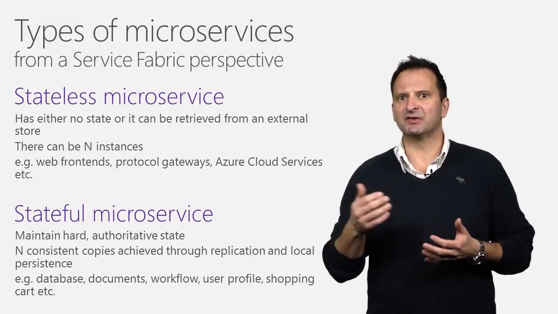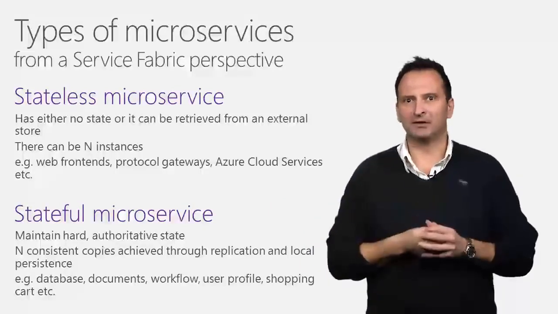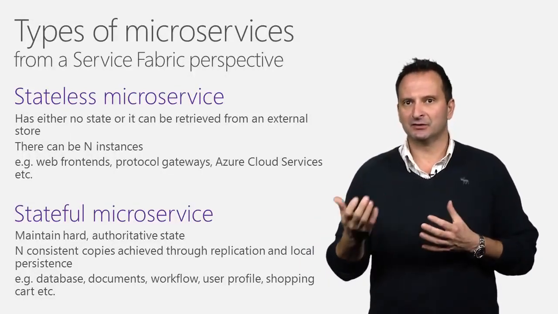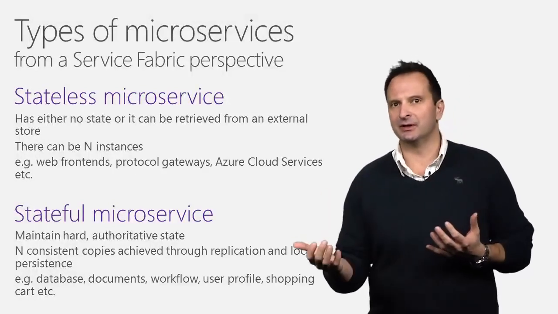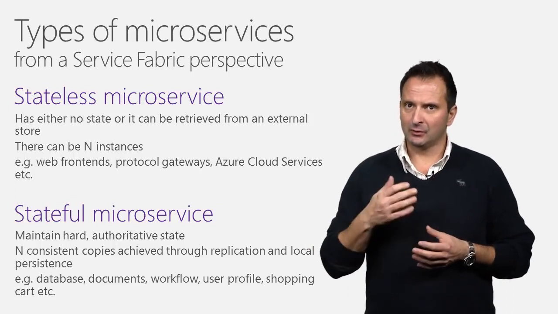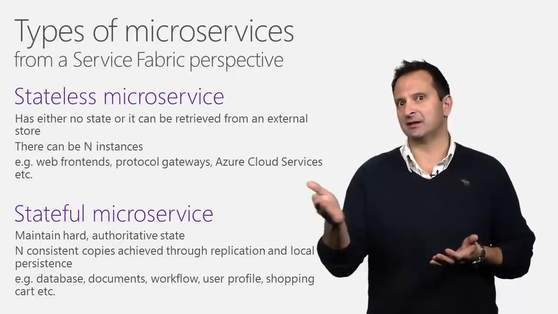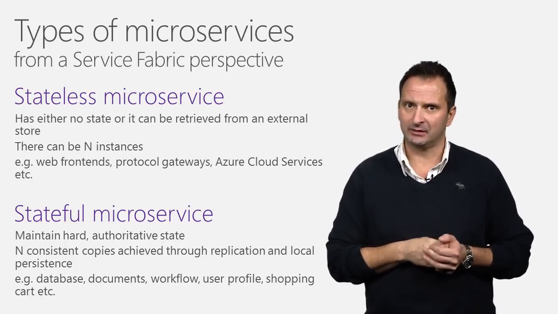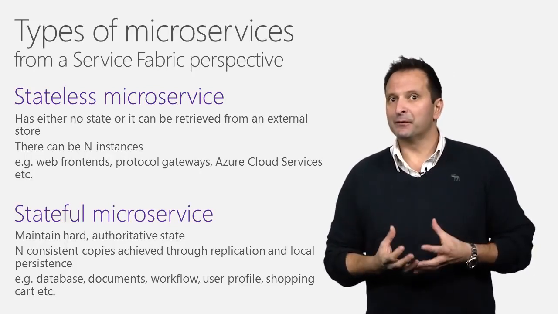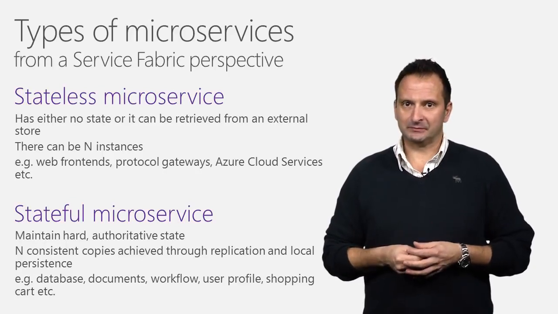So you try to keep the state outside the service itself. So the state is probably stored in a cache, it might be stored in a database, and so forth. So the goal of a stateless service is that you can basically scale out and no state is impacted. We also offer what we call a stateful service.